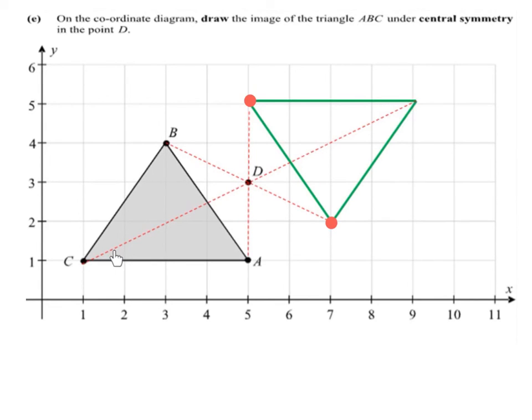Either way, I go the same distance on the other side, and I put a point. So my triangle had 3 points to begin with, A, B and C, and my new triangle has 3 points, so I just join them together with a ruler, and then I have the reflection of the original triangle through point D.